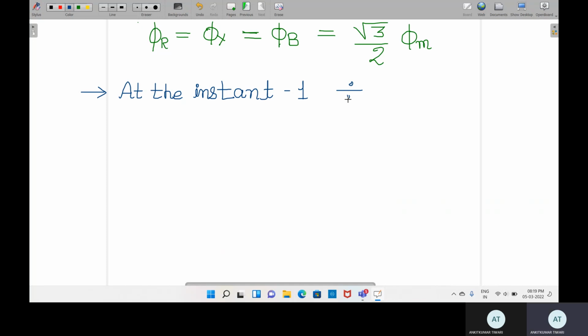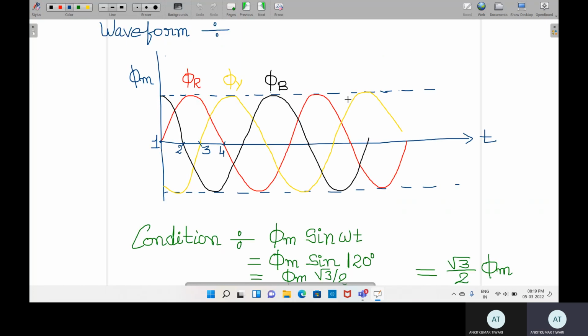At instant one, you observe that phi r is 0. The value of phi r is zero. But the value of phi b is positive and the value of phi y is negative. So we will draw the vectors of only two quantities, phi y and phi b. Phi r is zero, so it will be neglected.